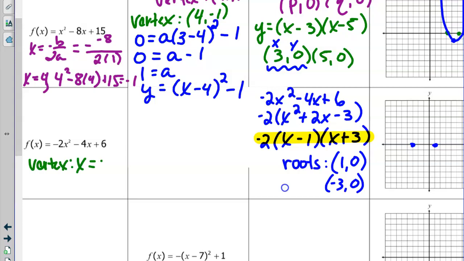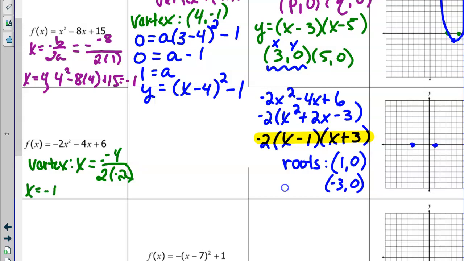What is my b term? Perfect. What is my a term? Very good. What is -4 divided by 2 times -2? -1, very good. So x is equal to -1.